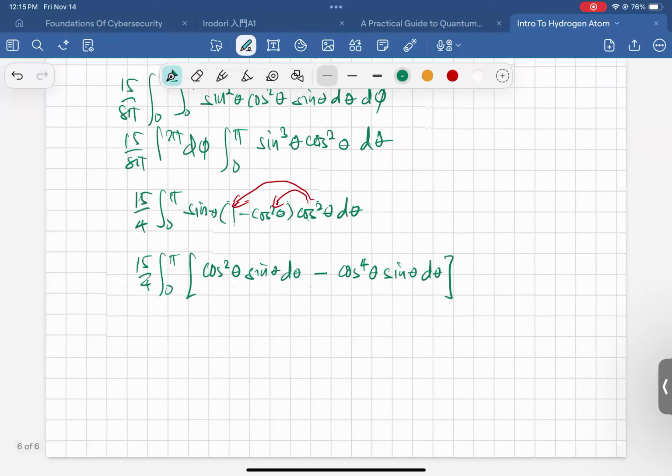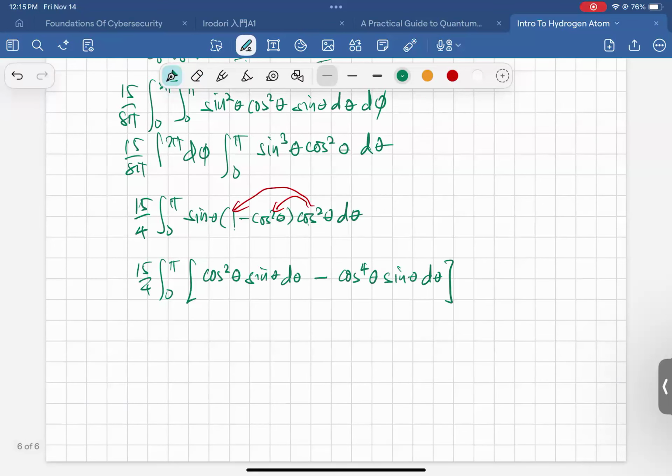Okay, so, now, if we let u be equal to cosine theta, let's say cosine squared theta, then du will be equal to 2 cosine theta. Sorry.